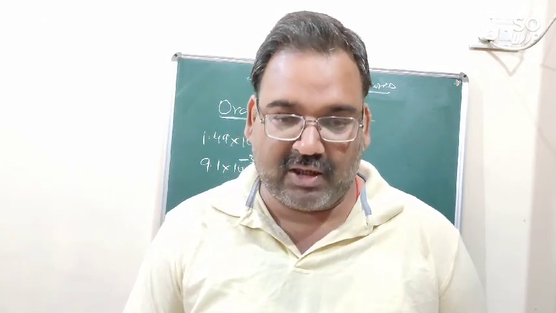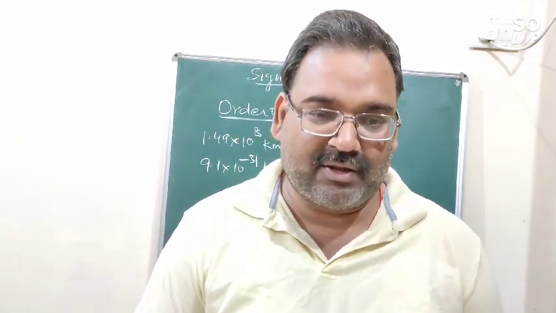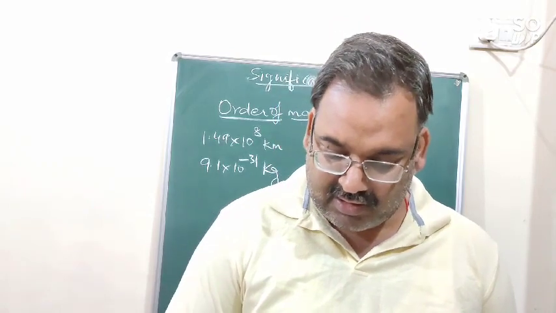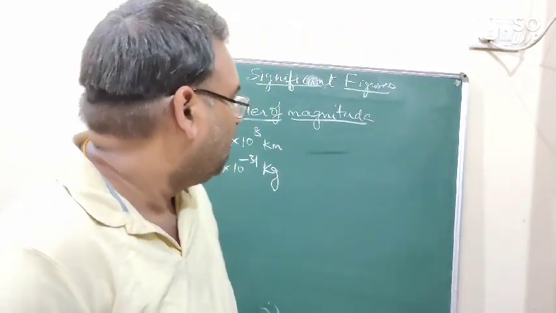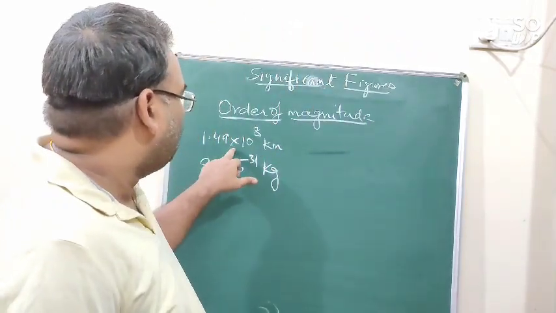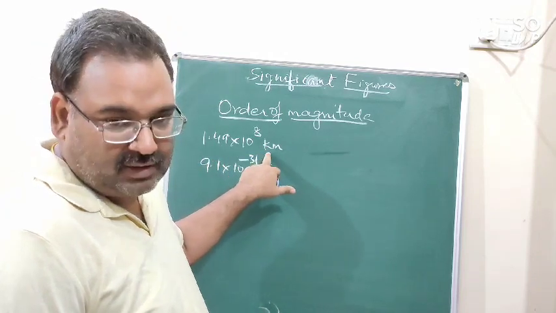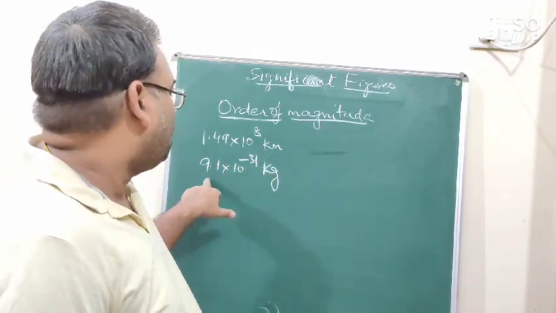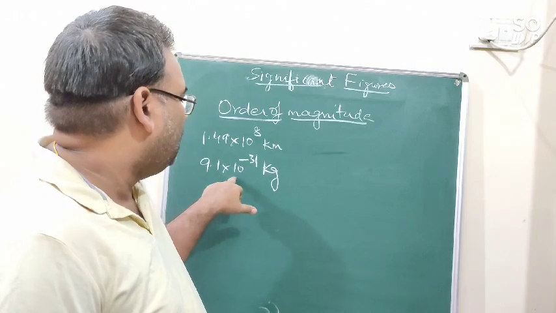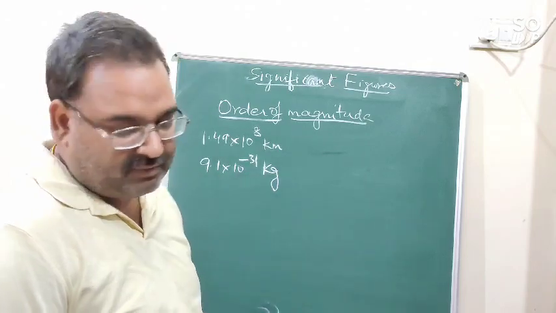Order of magnitude निकालते हैं. For example, the distance of the Earth from the Sun is 1.49 into 10 raised to power 8 kilometer. Or the mass of an electron is 9.1 into 10 raised to power minus 31 kilogram.